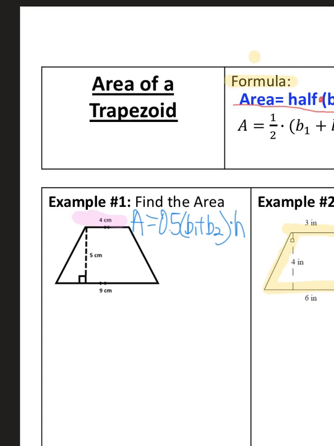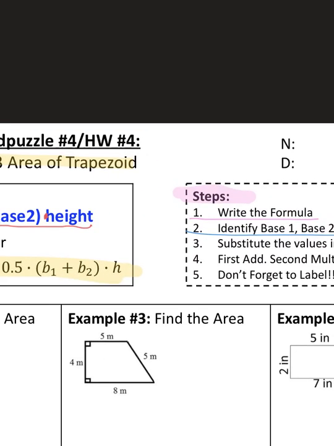There's base 1. And then base 2 will be at the bottom of our trapezoid. And our height is going to be 5 centimeters. So we have base 1, base 2, and the height. We identified all of those.